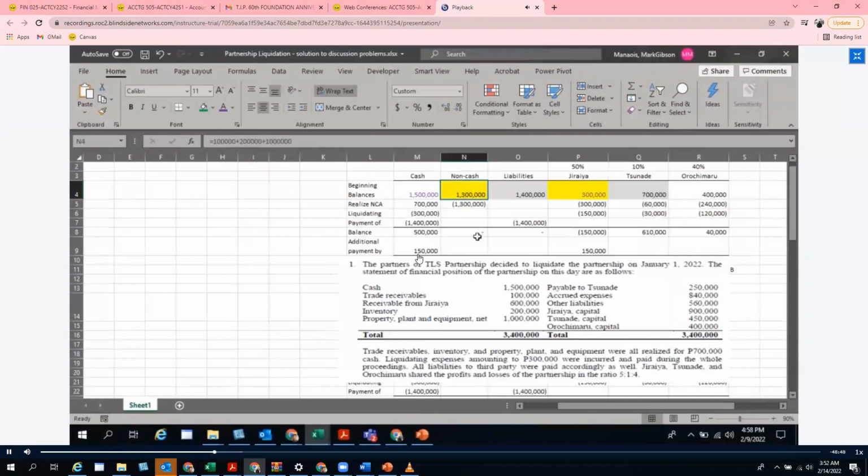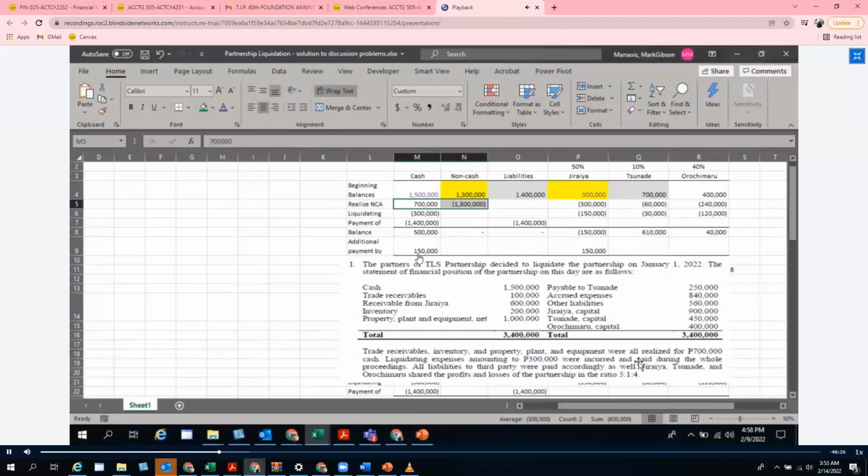So therefore, paano natin yan i-account? So, a deduction of 1,300,000 kasi binenta, no? Binenta natin lahat, pero for how much lang? For 700,000 lang. So therefore, meron difference. Yung difference of 600,000, this will be accounted as your loss on the non-cash asset realization, no?